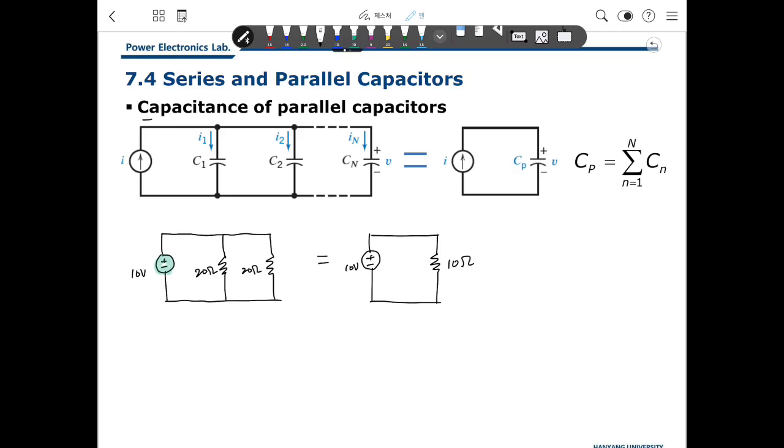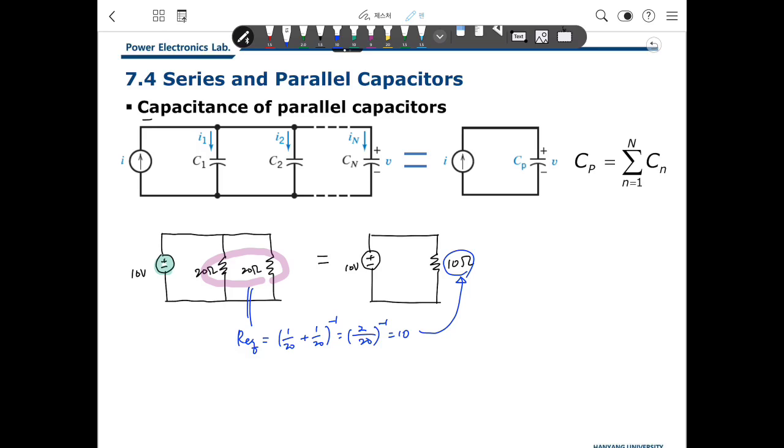Why? This parallel connected resistor is equivalent, with 1/20 plus 1/20, so there will be 10 ohm. So in the case of capacitors, there are many capacitor combinations.